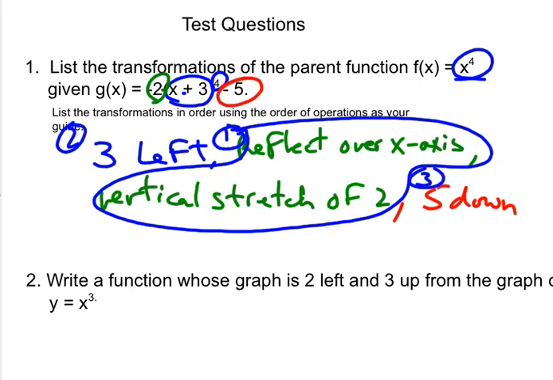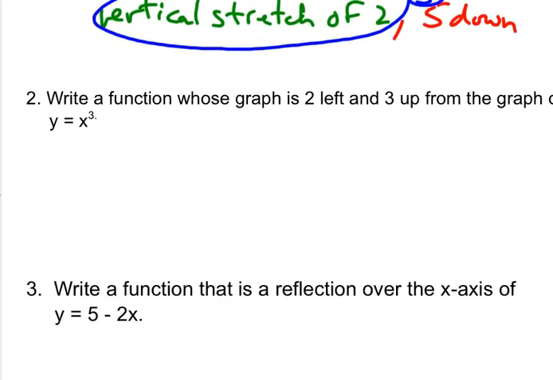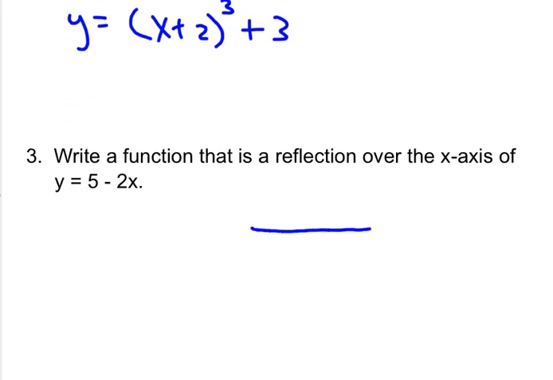Okay? These next 2, I'd encourage you to give a try and check your answer. 2 left is x plus 2. 3 up, add 3 at the end. Reflect over the x. Sometimes I have to think about it.